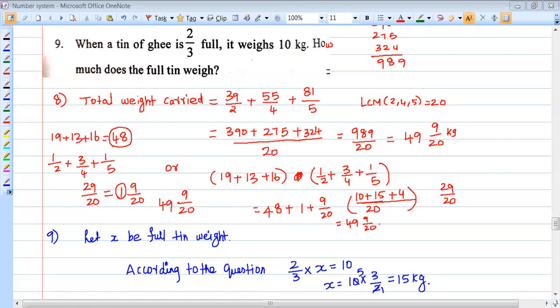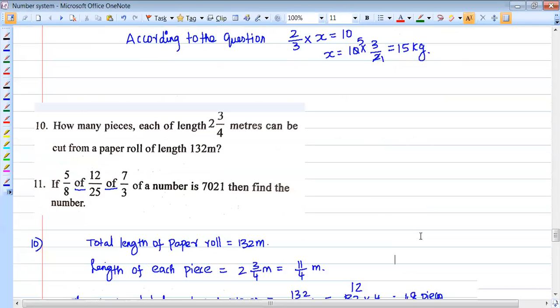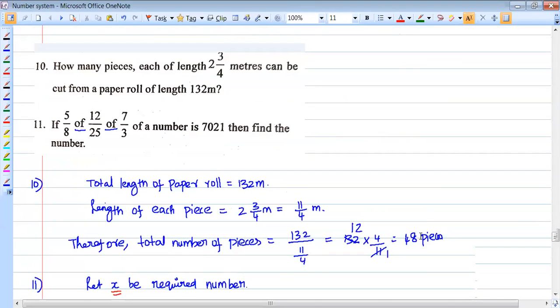Sir, so question number 10. Yes, I will show question number 10 also, don't worry. So this is question number 9. If anyone wants to take the screenshot, you take it. Let me show question number 10. Yes, this is question number 10 and its answer.